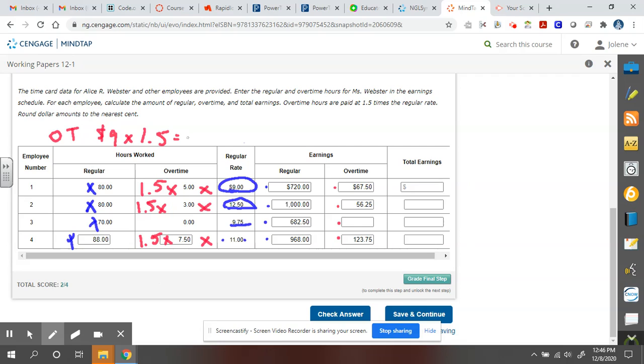But when this employee works overtime, all of those overtime hours they get paid at a rate of $13.50. These are only overtime hours. Their regular hours you see here, this employee number 1 gets paid $9 an hour for regular. But if they get over 40 hours a week, they get $13.50 an hour.